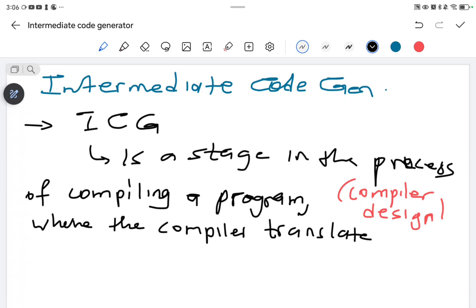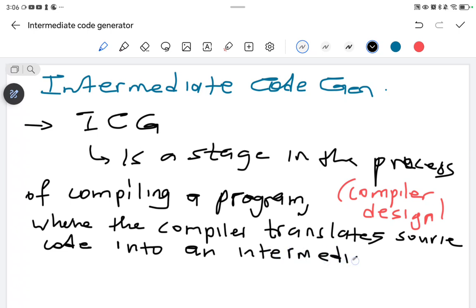So this is the part where the compiler translates the source code into an intermediate representation. By intermediate representations, we are talking about the ones mentioned, DAG and so on, right?